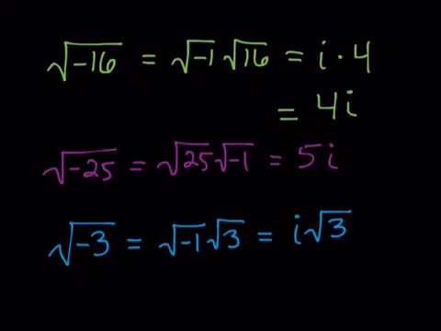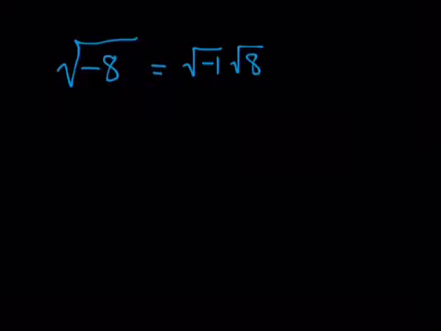I said that was the last example, but I thought of one more that I should do here. What about the square root of negative 8? This would be the square root of negative 1 times the square root of 8. The square root of negative 1 is i, and the square root of 8 can be simplified further, so that becomes the square root of 4 times the square root of 2.